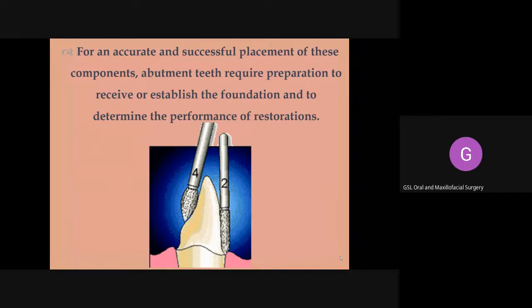We cannot directly put a retainer on the unprepared abutment tooth. We have to prepare the tooth, reduce the natural tooth structure, and over that abutment tooth, we have to give a retainer.